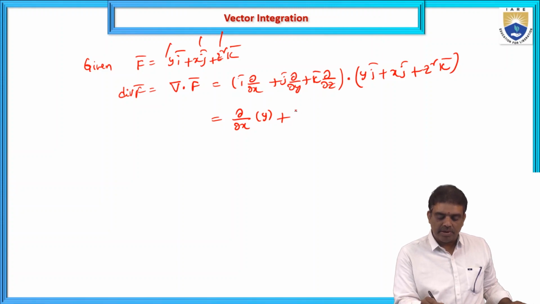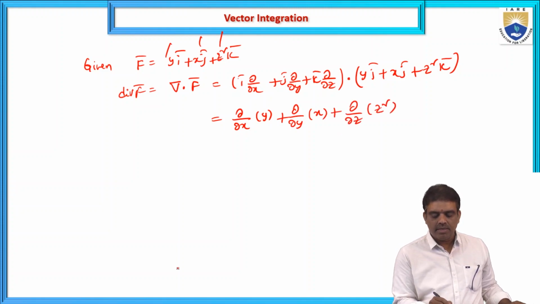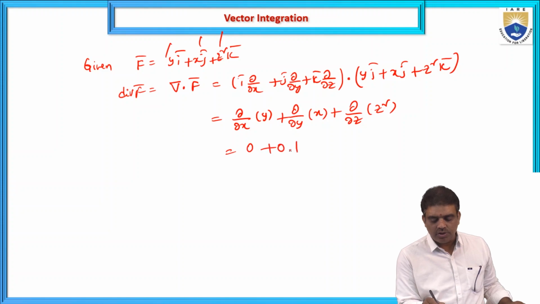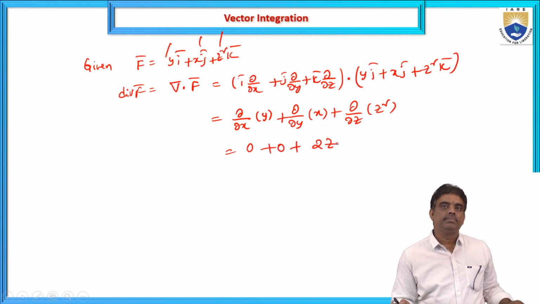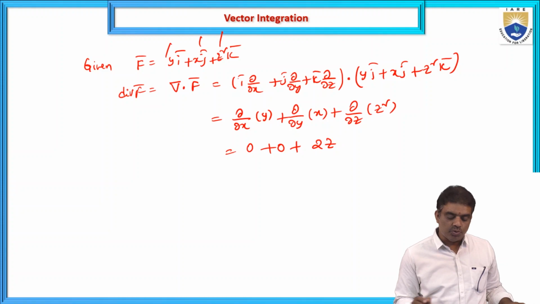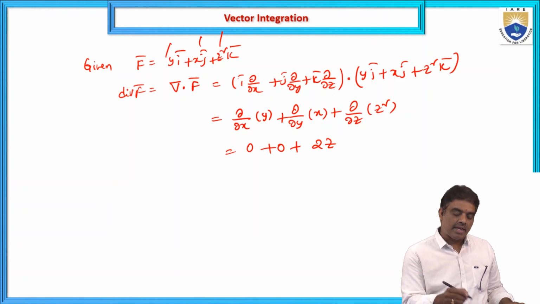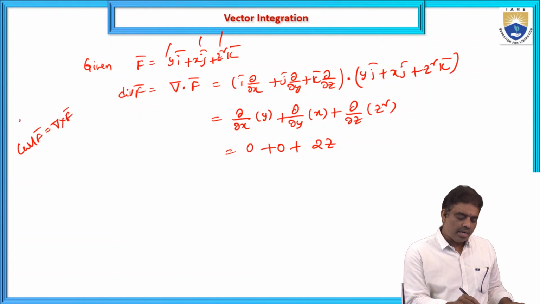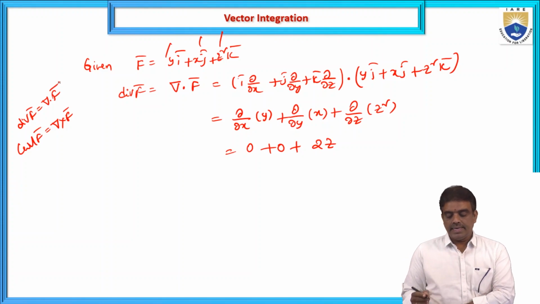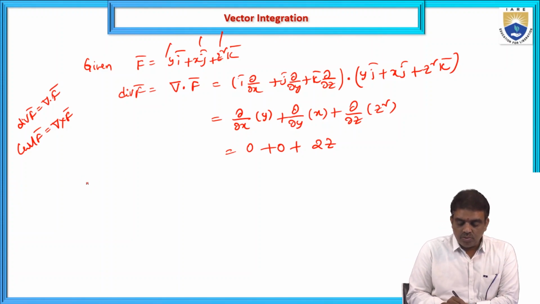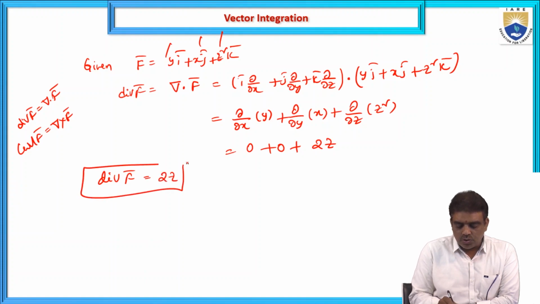Similarly, j bar dot j bar is 1, dou by dou y of x, plus dou by dou z of z square. So this is 0, this is 0, this is 2z. Curl f bar means del cross f bar, and divergence of f bar is del dot f bar. So div f bar is 2z.